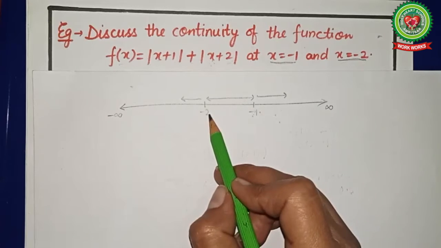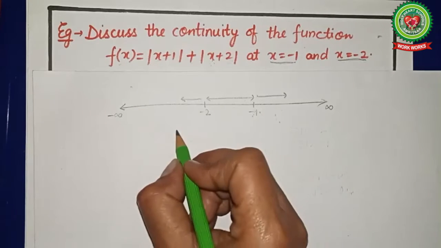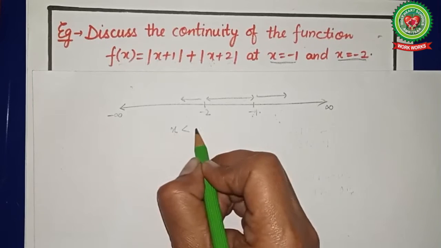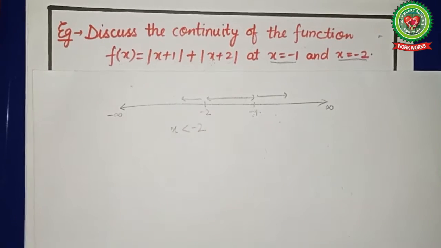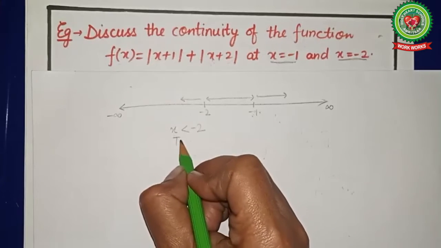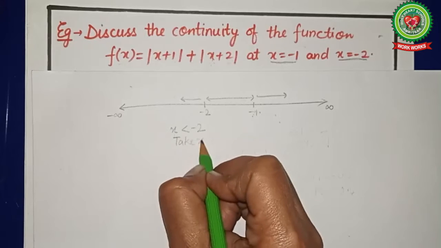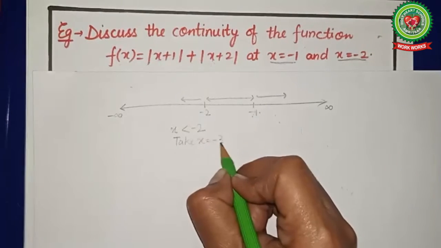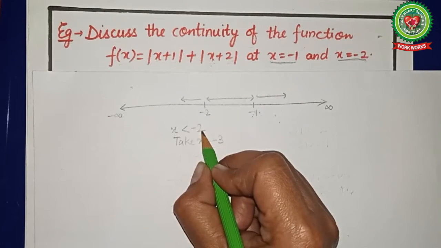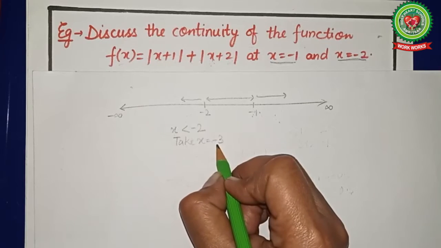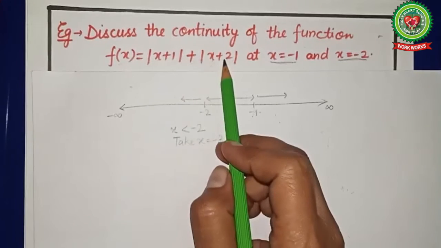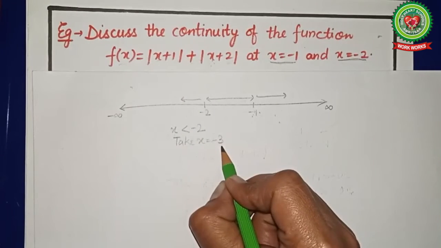Let's start with the very first case, when x is less than -2. It means x can take any value less than -2. Let's take x = -3, which is less than -2. Now check the value of the modulus function at this point.